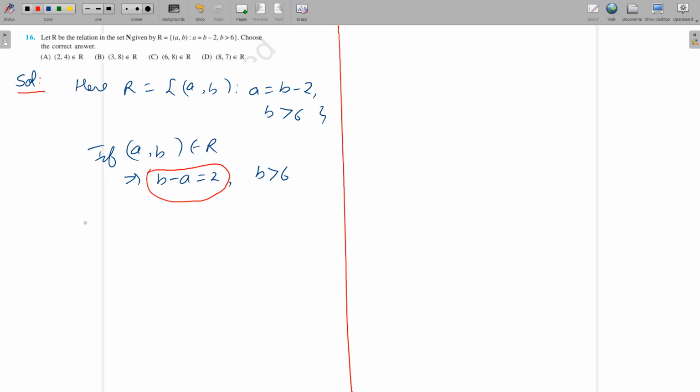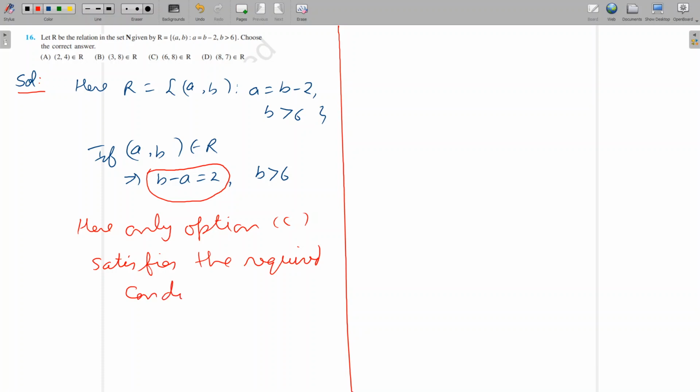So now that is what we can say here. Only option C satisfies the required condition, because for the ordered pair (6, 8), b equal to 8 is greater than 6, and b minus a is equal to 8 minus 6 equal to 2.